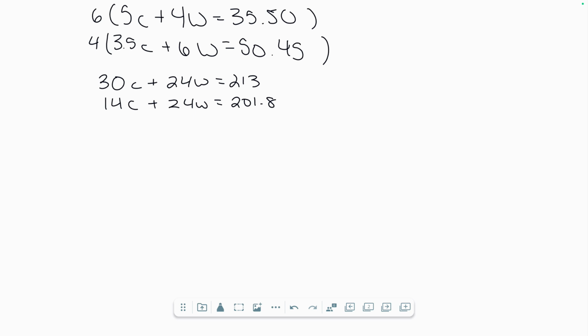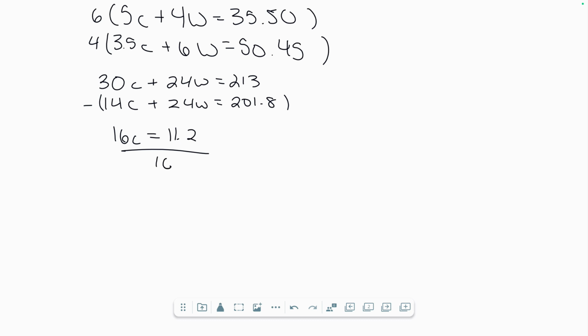So what do I do to eliminate? Subtract. Good. 30 minus 14 is 16C. 213 minus 201.8 is 11.2.